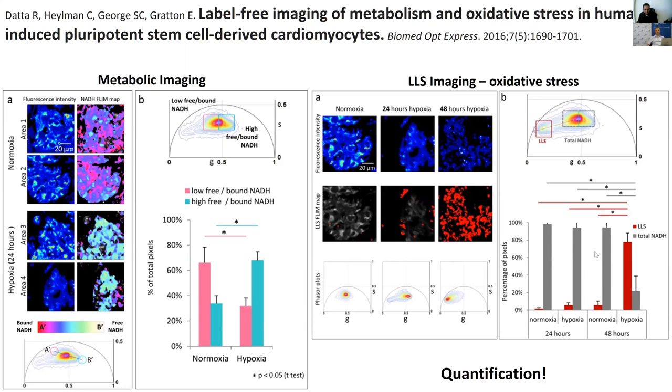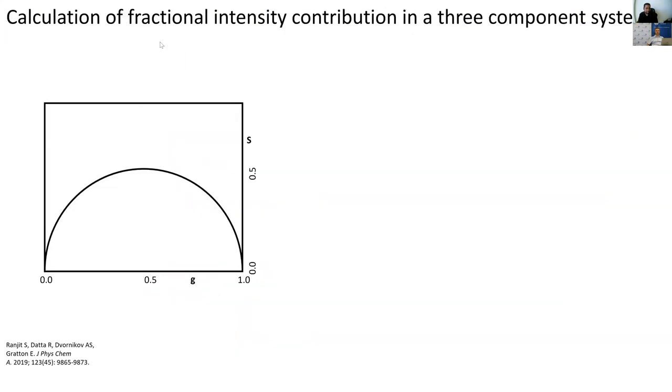So in vivo, I wanted to work a bit more. We first created this, that was a few years ago, maybe last year, fraction intensity contribution in a 3-component system. The idea is, if we have only 2 components, this would be along this line. However, if we have a third component, based on how much this third component is, it's going to drag it towards that component.